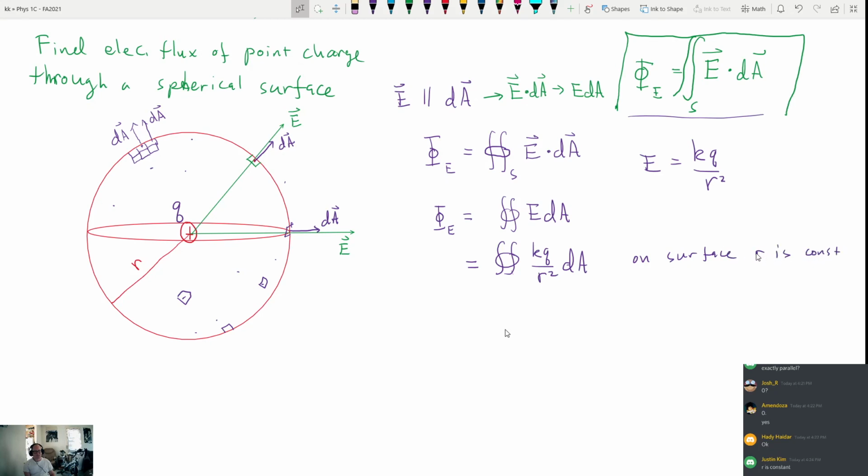And because r is constant, that means we can pull all of this out of the integral. And we get k Q over r squared, and then the surface integral of dA over the surface of a sphere. Well, that's really handy, because now we don't need to actually do the integral anymore, right? What's this equal to?